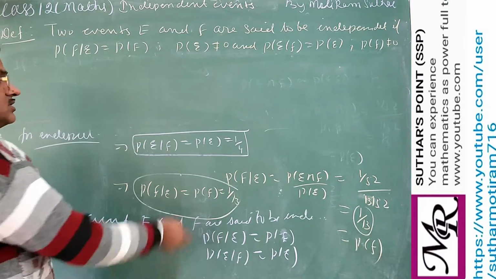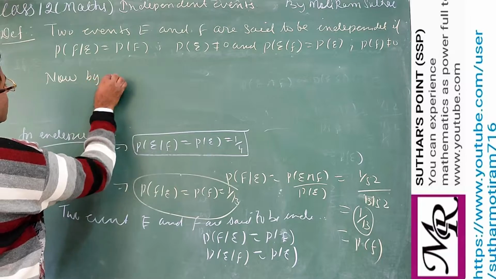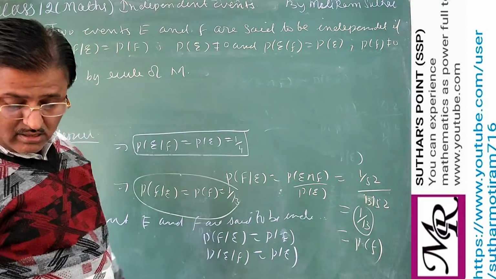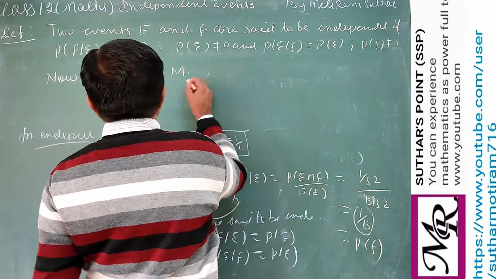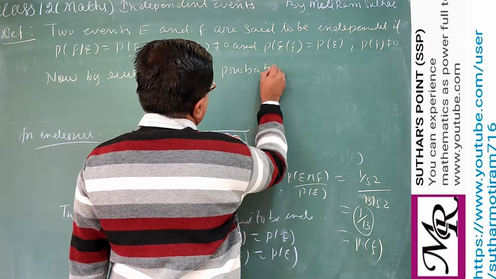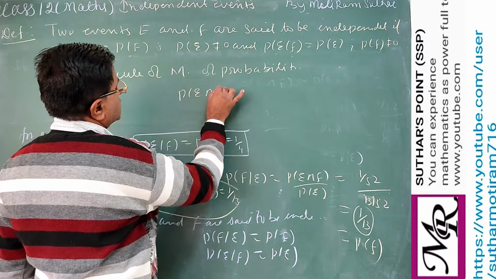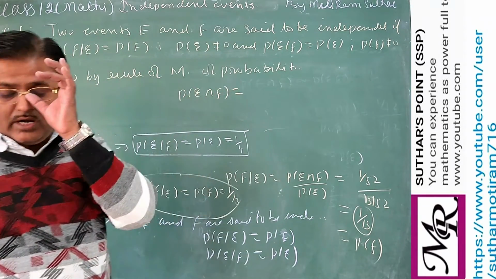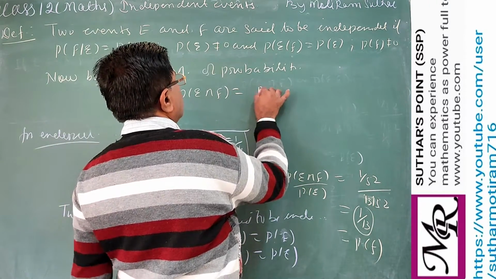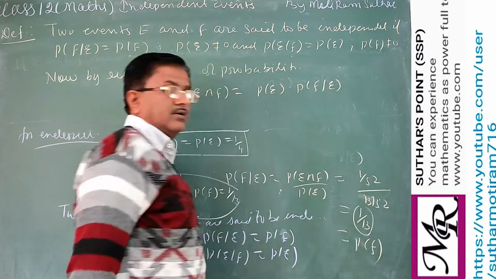Now, the multiplication rule of probability says that the probability of E ∩ F is equal to P(E) into P(F|E).